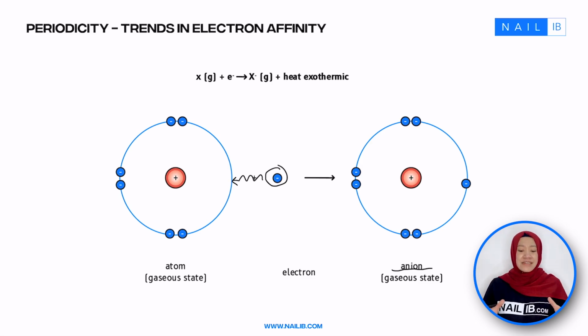So what are the trends when you go down a group and across a period? Down a group, the atomic radius again increases, okay? So the electron will be easier to attract, so the amount of energy released is smaller. So when you go down a group, electron affinity decreases.